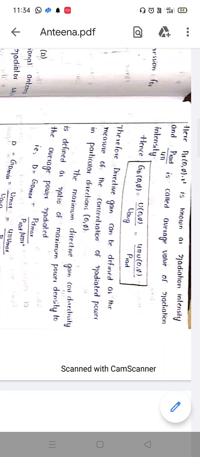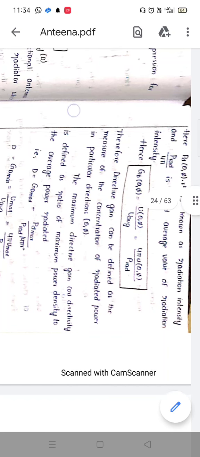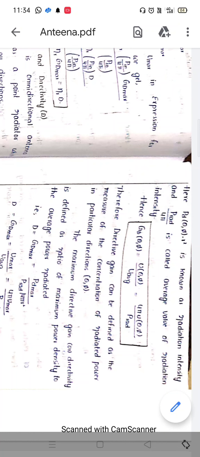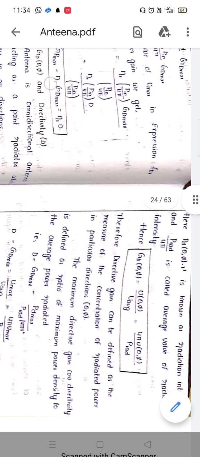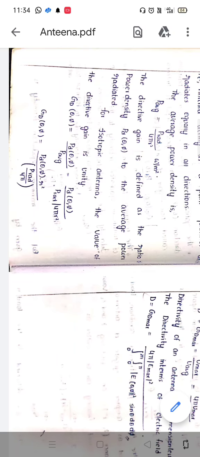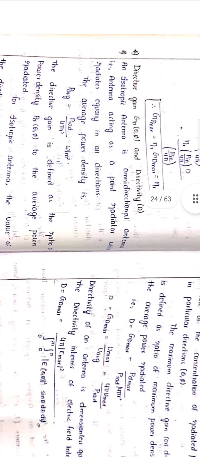Here PD of theta comma phi into r square is known as the radiation intensity. Remember, PD of theta comma phi into r square is the radiation intensity, and P radiated divided by 4 pi is called the average value of radiation intensity. So the directive gain is defined as the ratio of radiation intensity to the average value of radiation intensity.